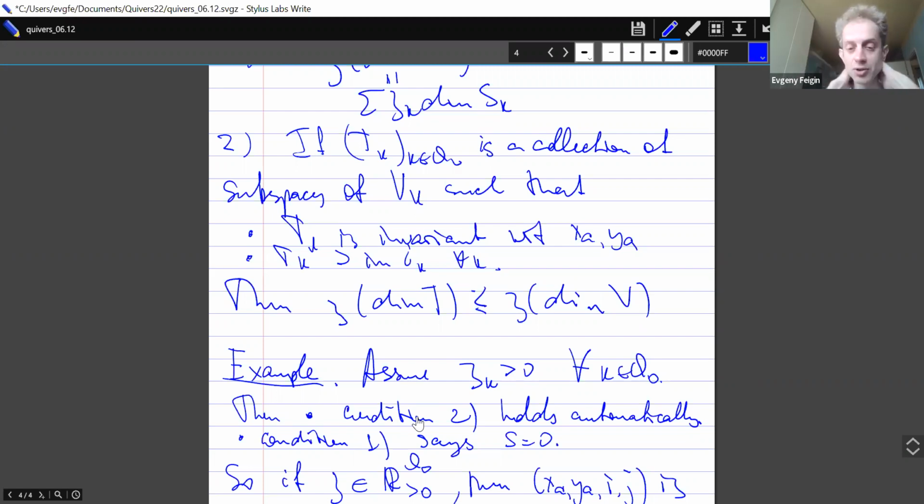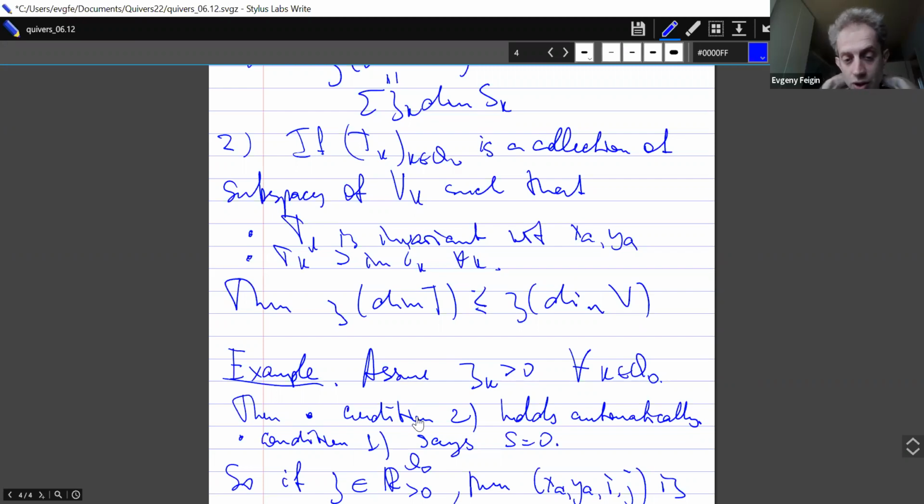So we are not talking about arbitrary sub-representations, but only those which contain the images of I_k. And what is our actual condition? How can we simplify it, or write it in more concrete terms? These images generate our representation.